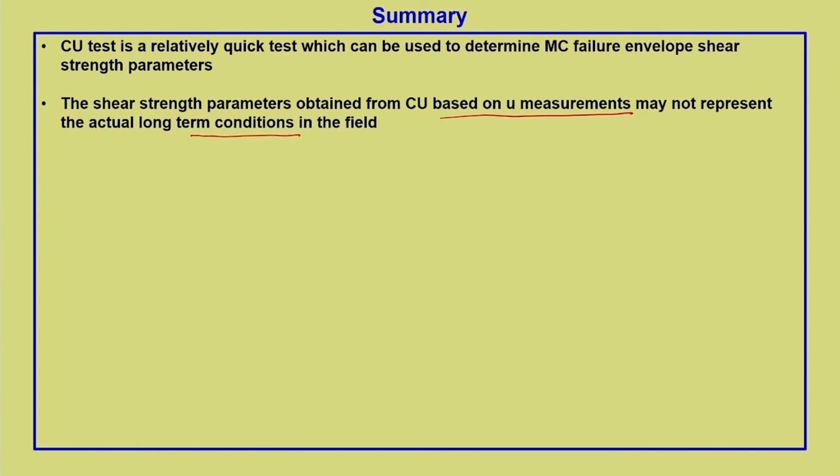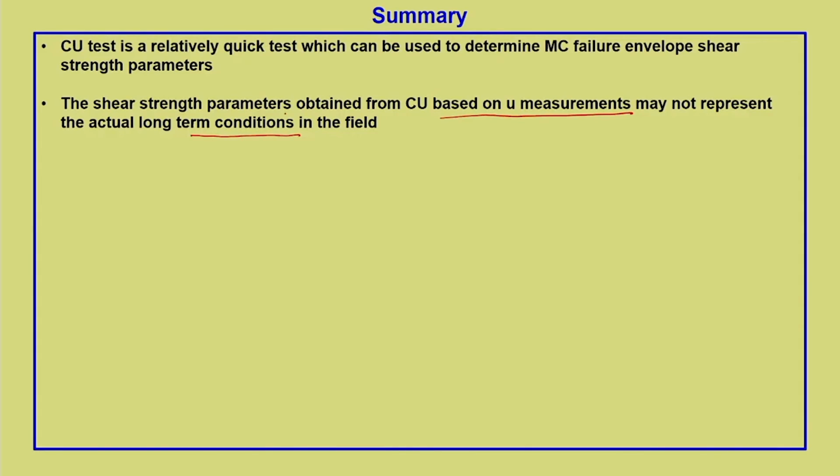Because in the field it takes time, depending on the manner and the rate at which it is loaded, and the rate at which pore water pressure is dissipated and it gets to the drained condition.